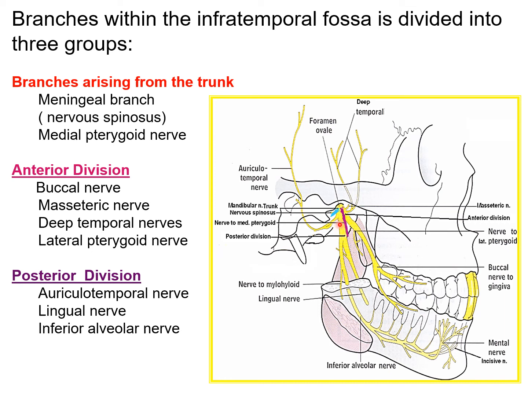So these are the branches of the mandibular nerve arising directly from the trunk. Now this trunk again divides into an anterior division and a posterior division. Anterior division is mainly giving muscular branches and also a sensory branch, that is the buccal branch. The posterior division is giving the sensory branches.